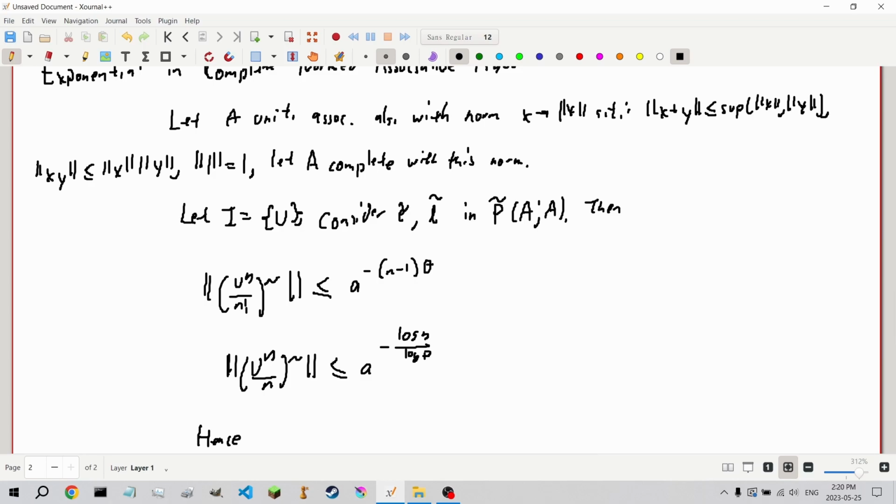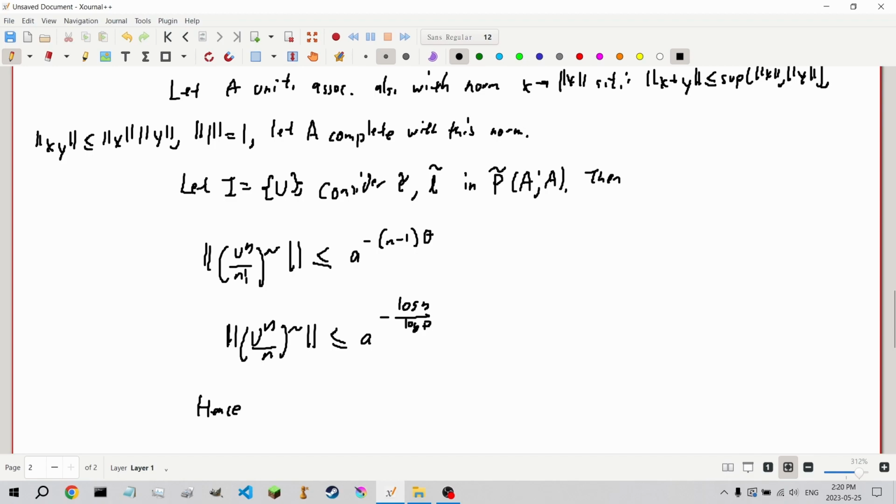Hence, our E tilde has radius of absolute convergence of at least a to the theta, and L tilde has radius of absolute convergence of at least 1.